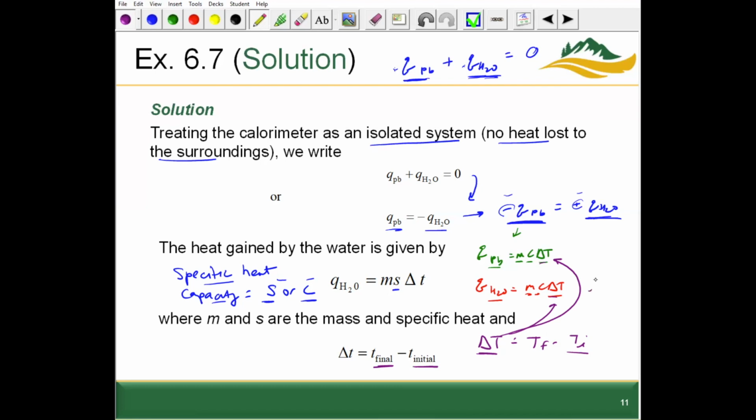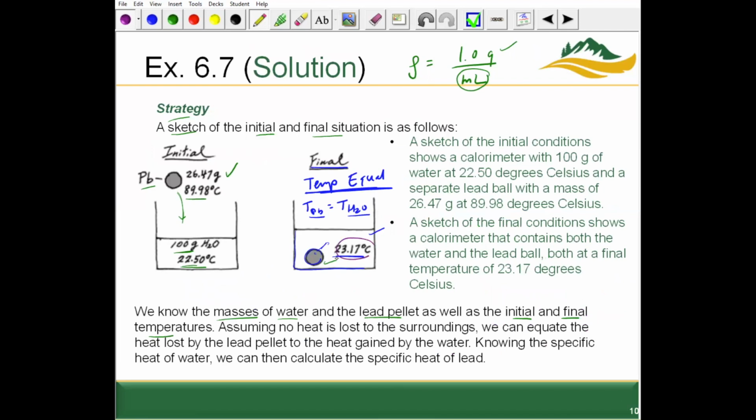Then, as mentioned on the last slide, the final temperatures of both are going to be equal. At the end of the heat exchange, the final temperature of the water is going to be equal to the final temperature of the lead. Heat is going to exchange until this temperature is the same as the surrounding temperature.